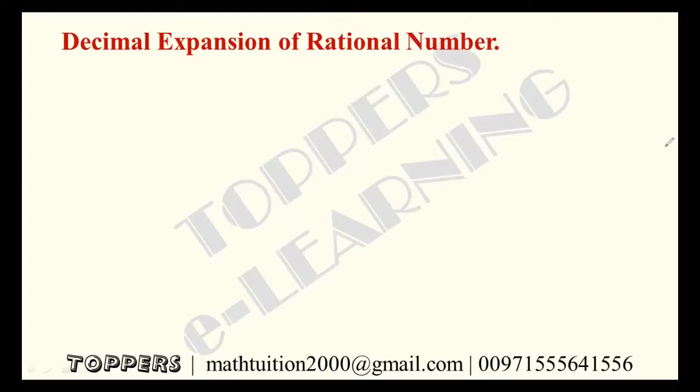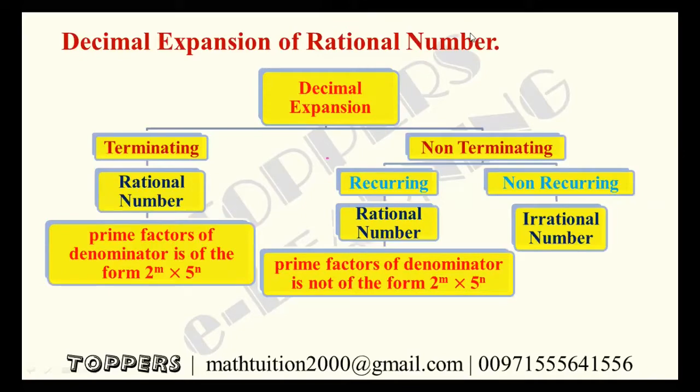This exercise is based on decimal expansion of rational numbers. We have already learned this in the previous session. Let us recap. Decimal expansion is of two types: one is terminating, the other is non-terminating.